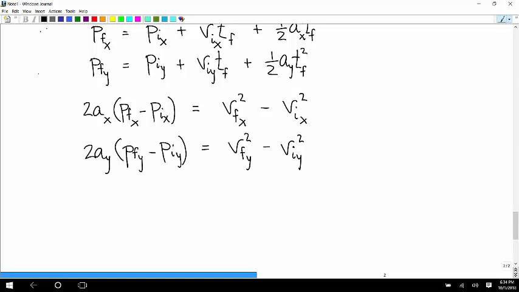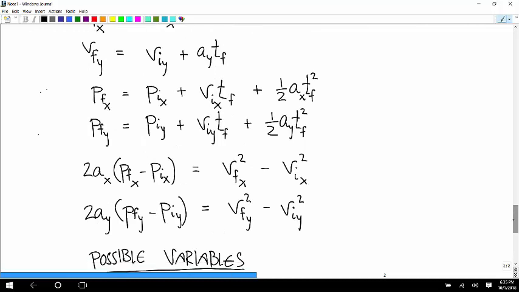So the first thing to notice is there's a much bigger set of possible variables you have to deal with. So remember, let me put a box around these because these are really important.